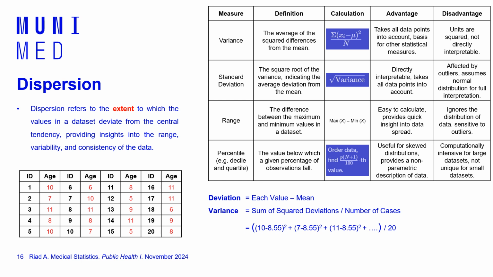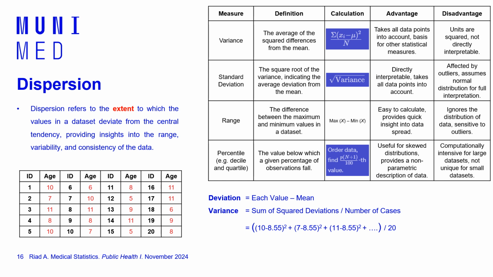So, for example, the first case was 10 years old. If you remember from previous slides, we said that the mean, or the average, was 8.55. So (10 minus 8.55) squared, plus (7, which is the second case, minus 8.55) squared, plus (11 minus 8.55) squared, plus the fourth case, and so on.